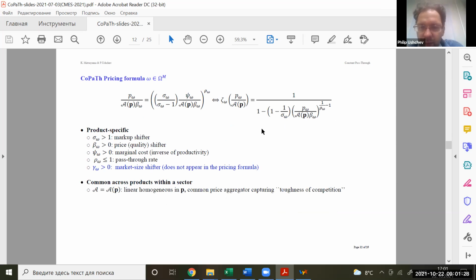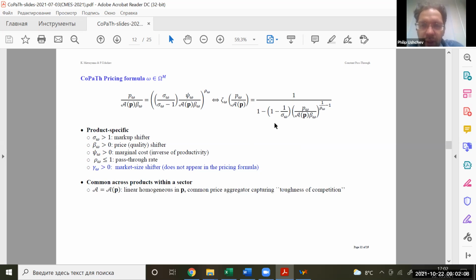And basically our exercise is to reverse engineer the primitives of the model, the fundamentals: the production function, or the unit cost function, which is equivalent to specifying the production function by the duality principle, right? So we reverse engineer these fundamentals within each of the three classes of production functions I mentioned before.